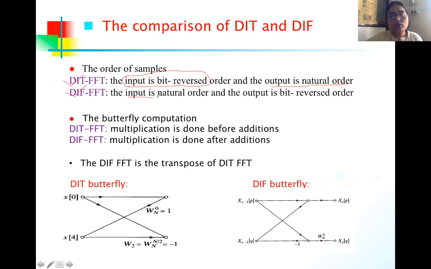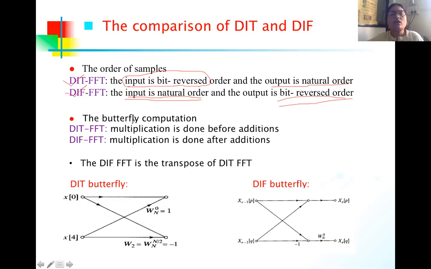So here the order of the input will not be changed, but the order of the output is going to change. It is in the bit-reversed manner. So this is the first comparison point between the DIT and DIF algorithms. This is important.